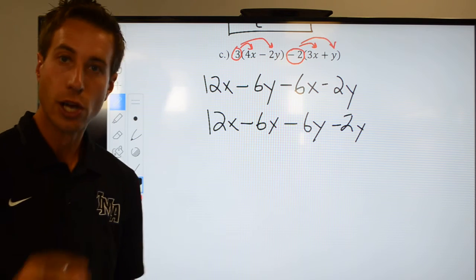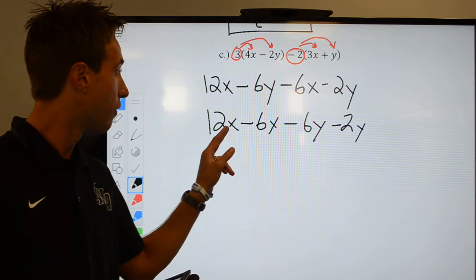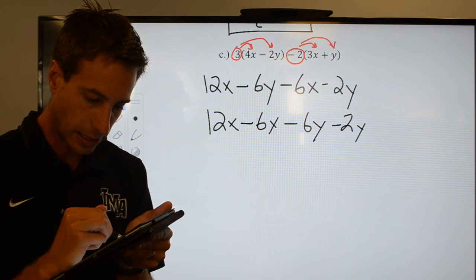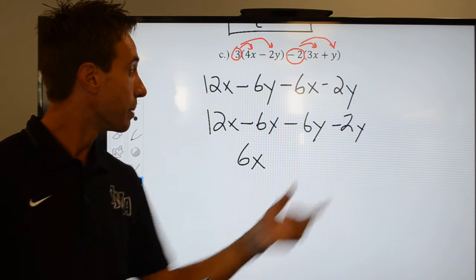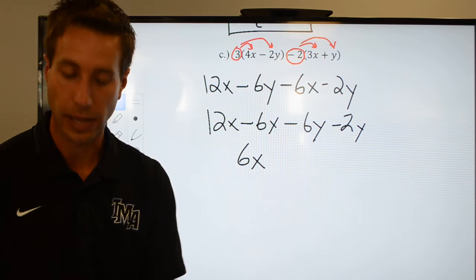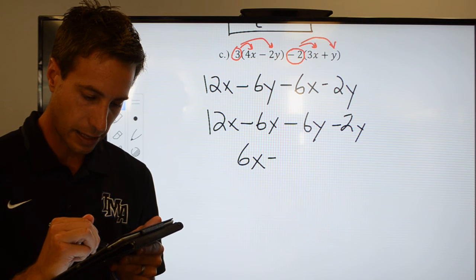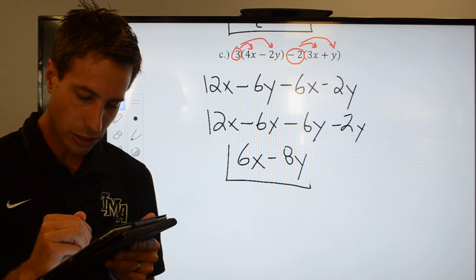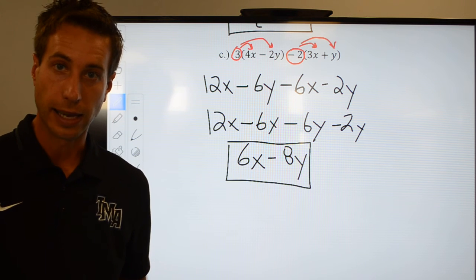Combine like terms, 12 minus 6, because those are x's, both raised to the same power, should be 6x. And because they're y's, both to the first power, like terms, we'll put those together, negative 8y. At that point, there's nothing else I can do to it. I don't have any more like terms.